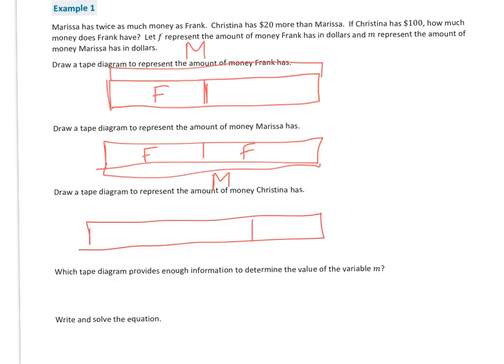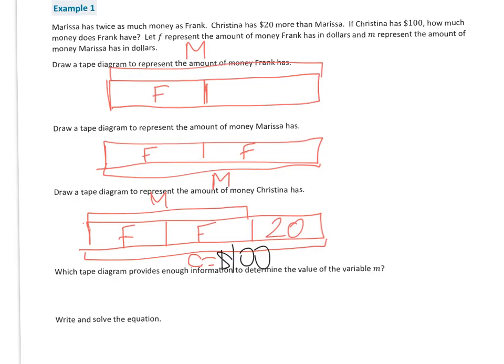Since we know she has $20 more than Marissa, and if we want to get really fancy, we can include some Frank in here. So we know 2 Franks equal 1 Marissa. And this whole thing is Christina. And then just to make it easiest, we know that Christina has an absolute value for her money. She has $100.